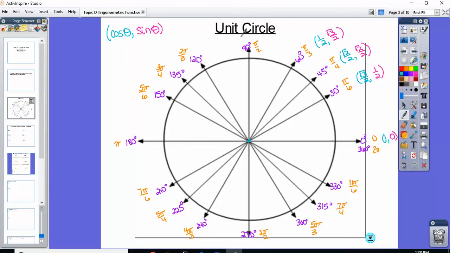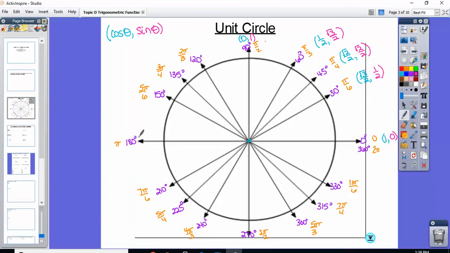Cosine is the fingers below, I have none below, so cosine of 90 is 0. Sine is the top, I have 3 fingers above, so that's radical 3 over 2. Excuse me, I have 4 fingers above. So square root of 4 is 2, divided by 2 is 1.